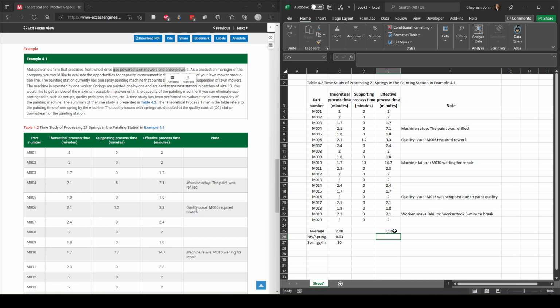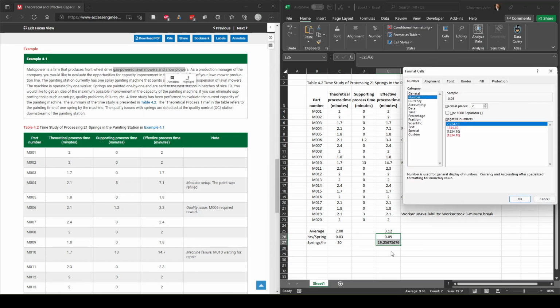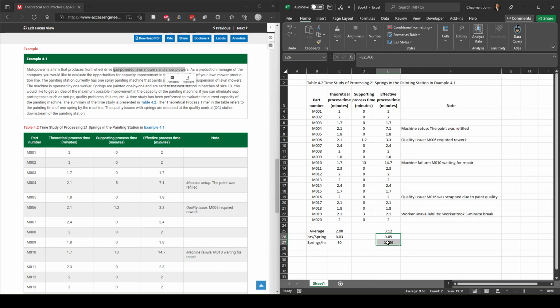There's our average effective process time, 3.2. So if we do some of the same calculations that we do over there, we come up with an effective springs per hour of 19.26. So this is our effective capacity. 19.26 is our effective capacity, and this is our theoretical capacity, 30 springs per hour.